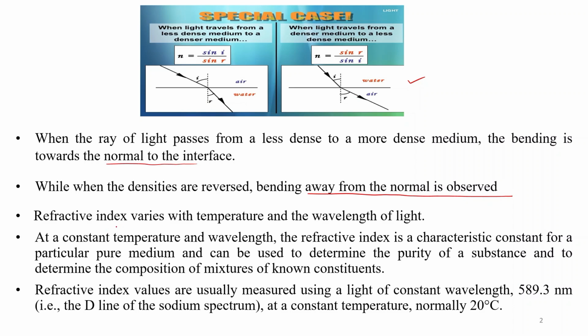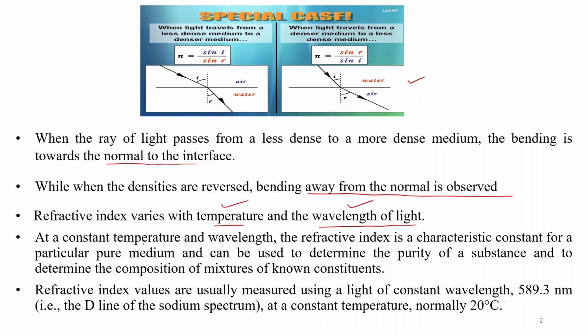Now it is very important to note that refractive index varies with the temperature and the wavelength of light. So whenever the refractive index is given for any liquid or any substance, we have to mention the temperature and also the wavelength of light which is used.